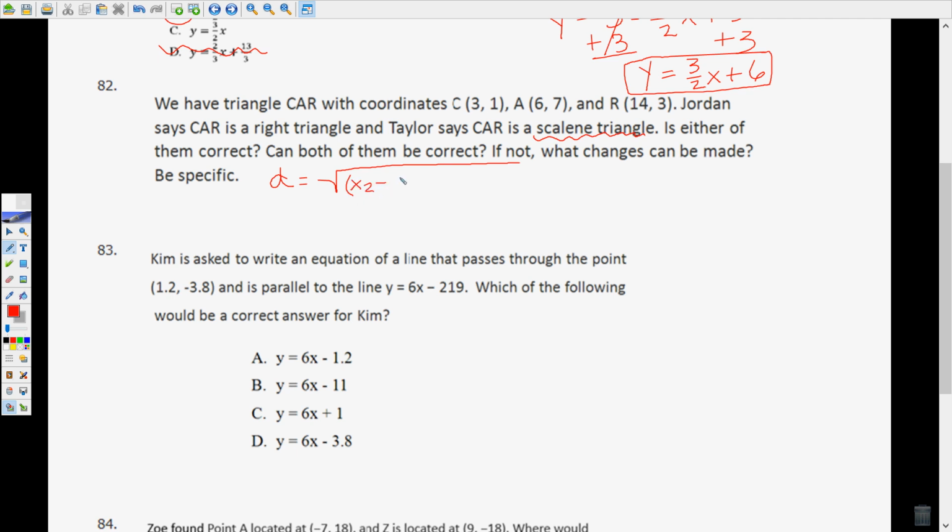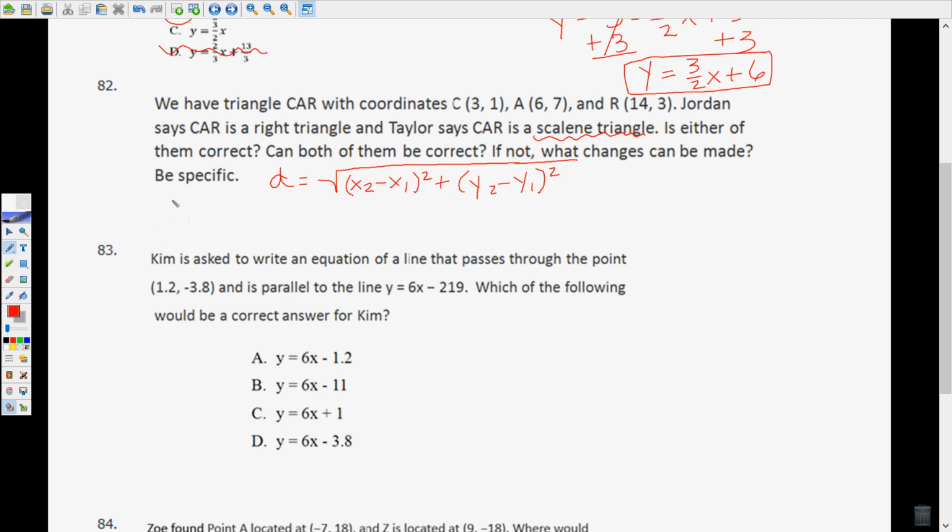Or you can use your distance formula: the square root of x2 minus x1 all squared plus y2 minus y1 all squared. You do that for each side to see what the lengths of each side are.